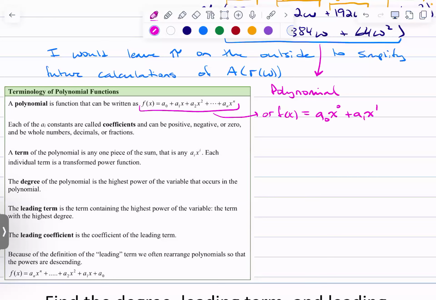Then a1 times x to the power of 1, but x to the power of 1 we just write as x. Then plus a subscript 2 times x to the power of 2, plus a3 x to the power of 3, plus, and this just goes all the way up to some nth power.